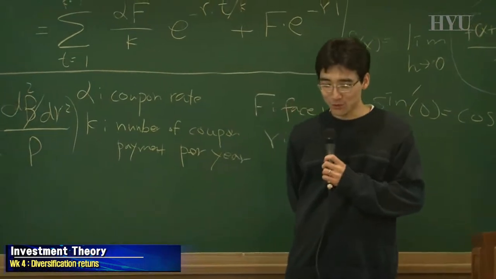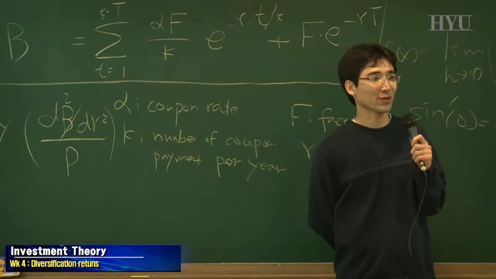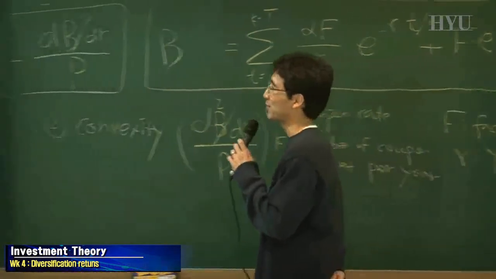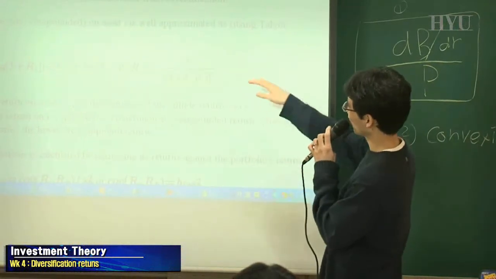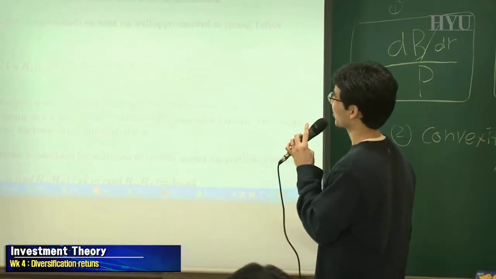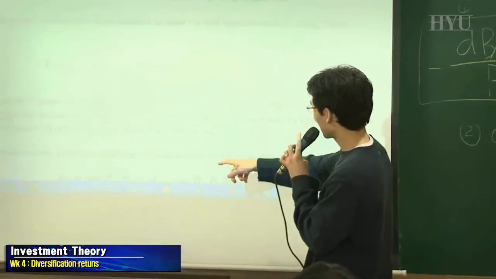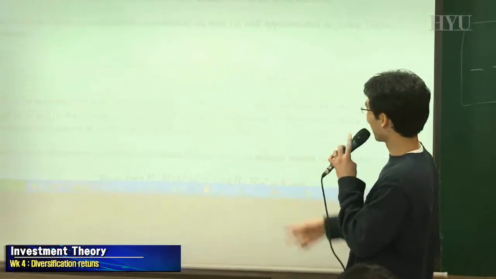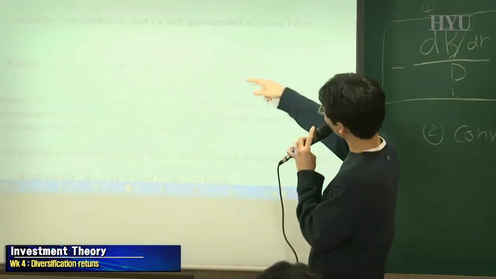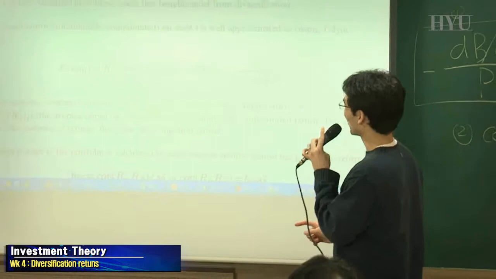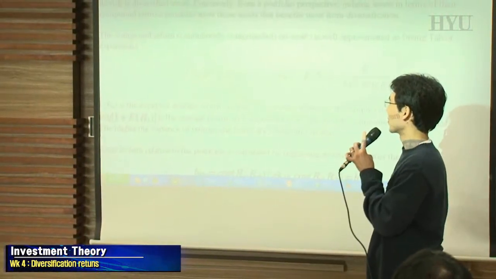And last week, do you remember the Taylor series expansion? Based on the Taylor series approximation, we have this relationship. This relationship again suggests that if we can reduce the volatility, where si square is the variance of the simple return on i, we can boost the average return.